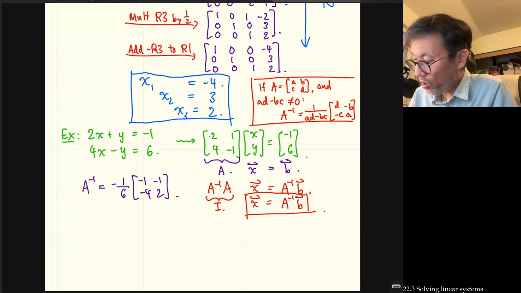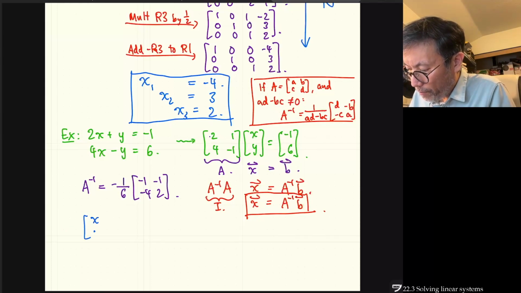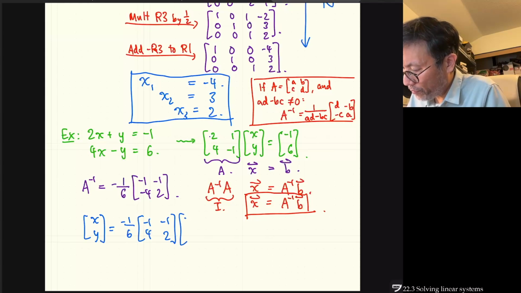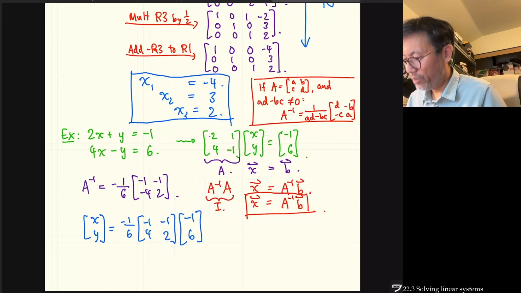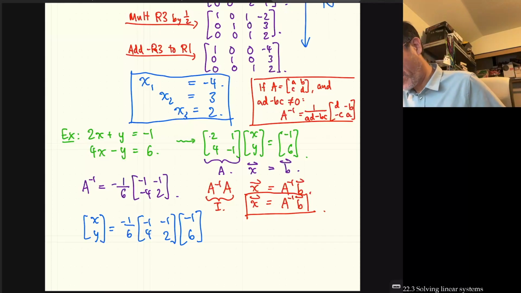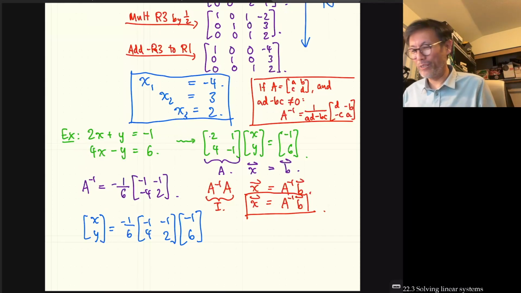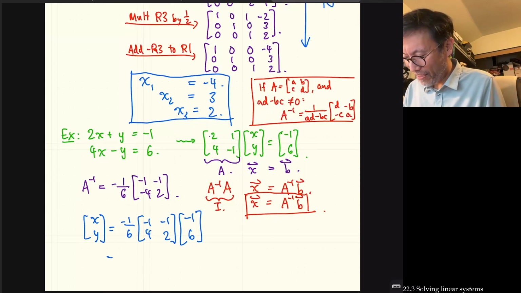And so the solution to our problem becomes x, y is equal to A inverse, which is negative 1/6 times negative 1, negative 1, 4, 2, multiplied by negative 1, 6. It looks so weird because the B I chose looked like 1 over the determinant, but I hope you're following. This ends up being negative 1/6, and now I just do matrix multiplication.